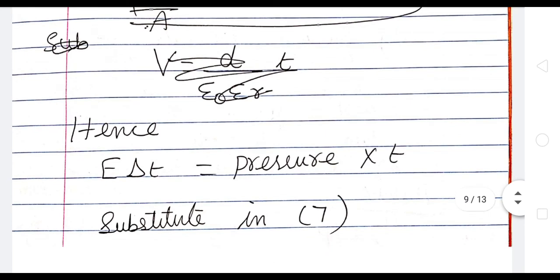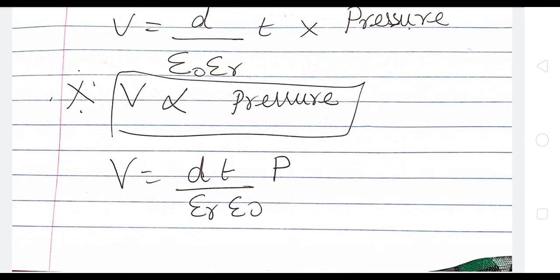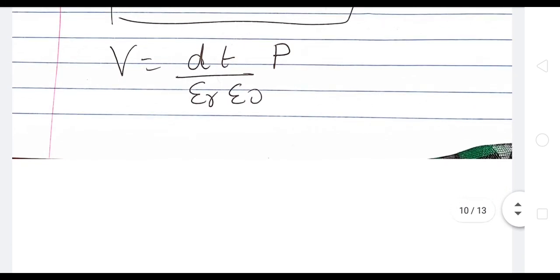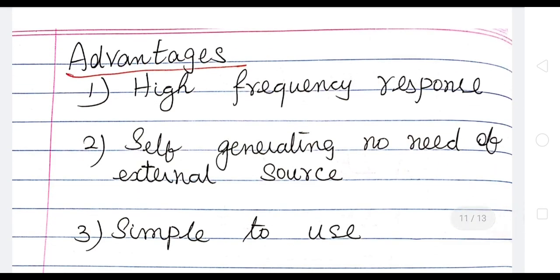So now we can write E into del T as pressure into T. If we substitute in the equation, then we can obtain V as D T by epsilon naught epsilon r into pressure, that is the voltage is proportional to the pressure applied to the crystal. So the voltage is proportional to change of dimension, or proportional to the pressure applied to the crystal or force applied. Thus your voltage production depends upon the physical quantity to be measured.